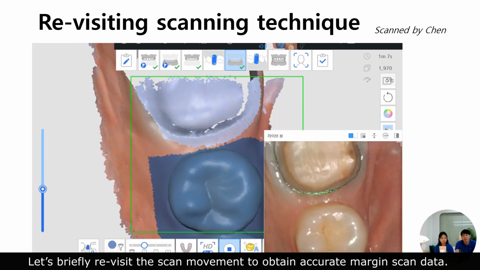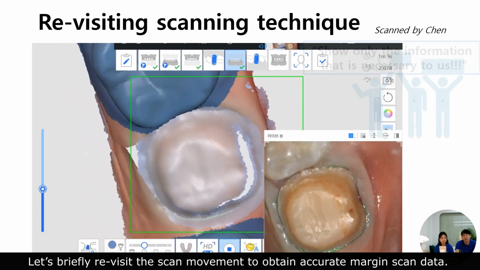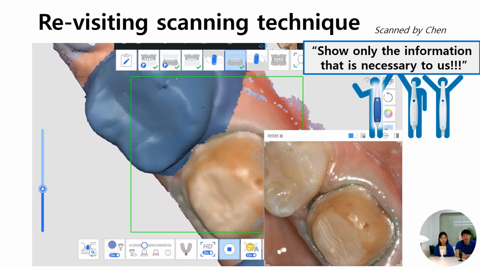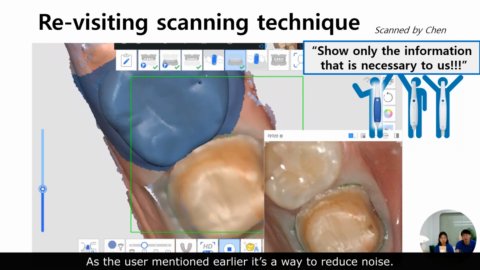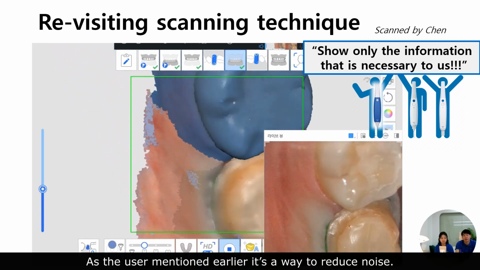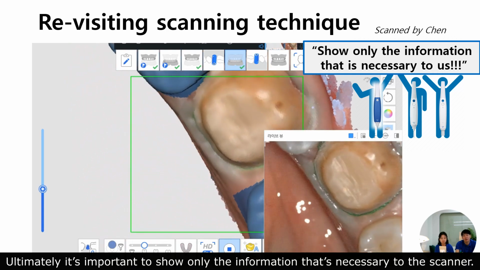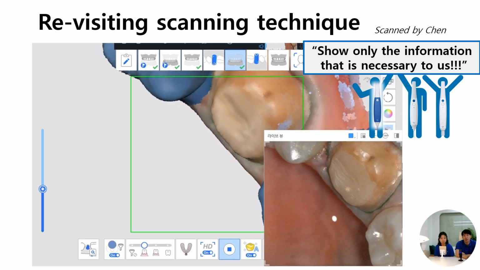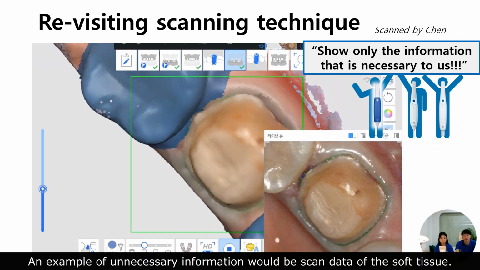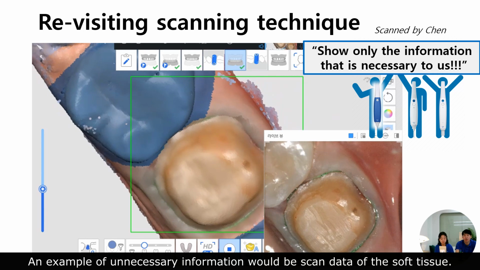Let's briefly revisit the scan movement to obtain accurate margin scan data. As the user mentioned earlier, it's a way to reduce noise. Ultimately, it's important to show only the information that is necessary to the scanner. An example of unnecessary information would be scan data of soft tissue.